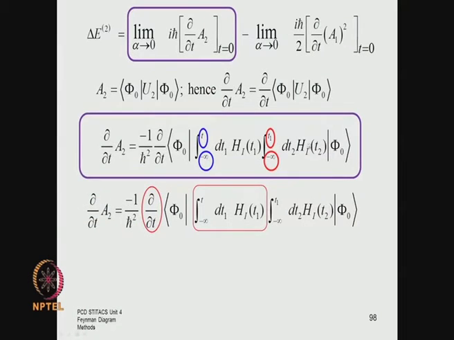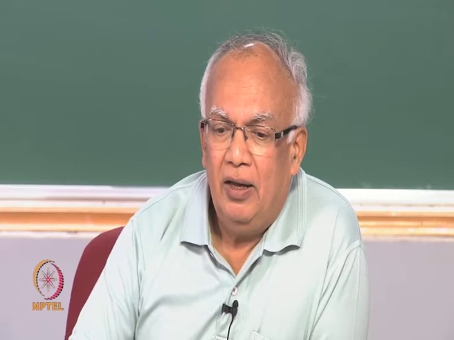Okay? And that is the reason I have rewritten this equation in the middle. Again over here it is the same equation, but I am highlighting different aspects of that equation, as you can see. Okay? And the reason to do it is because we have already determined this in our previous term for A1. Okay?